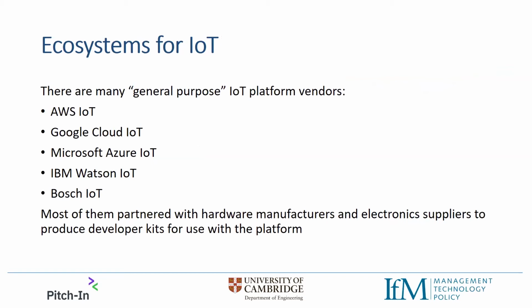ecosystems for IoT deployed by different companies, and most of them are from general purpose IoT platform vendors. They are there to help you bring data that they collect from the field into the cloud and give companies a nice way to collect that data, organize it in a certain way, and then make visualizations or make it available to the customer.